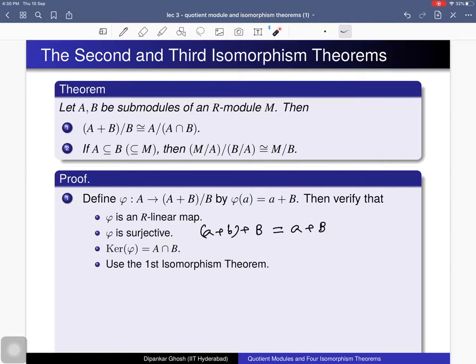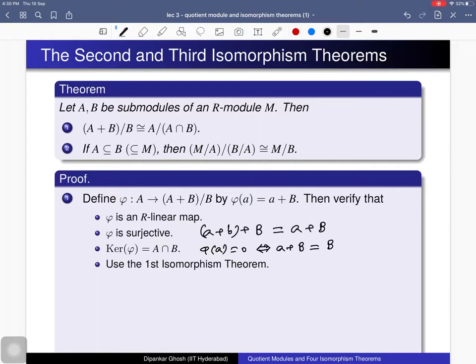Why is the kernel of phi this intersection? Suppose phi(a) is 0, then it is equivalent to say that a+B is the 0 element of this quotient module.